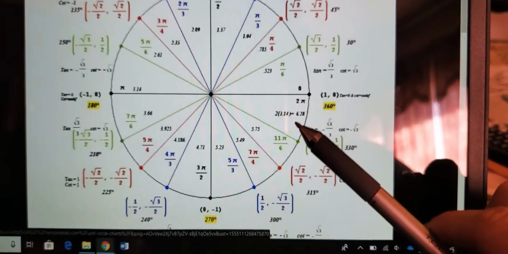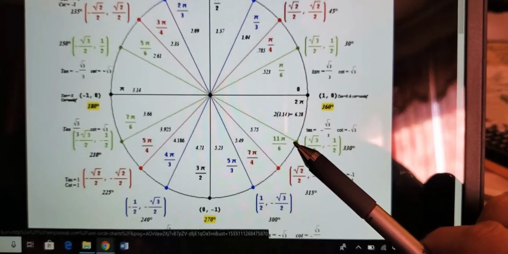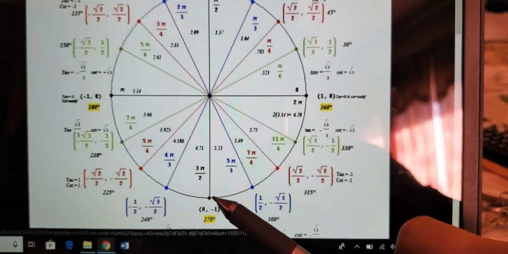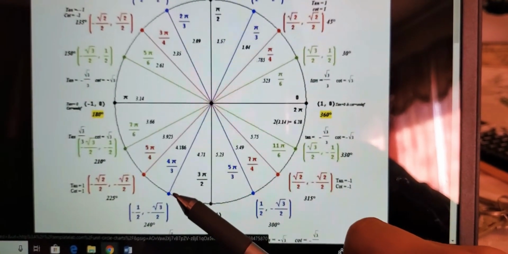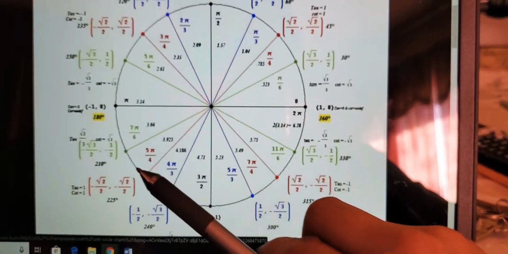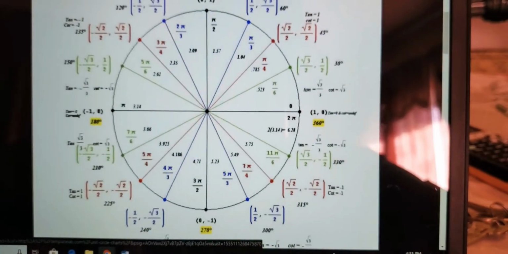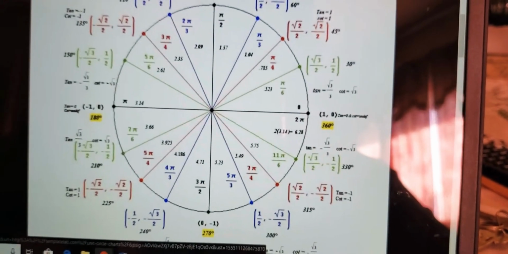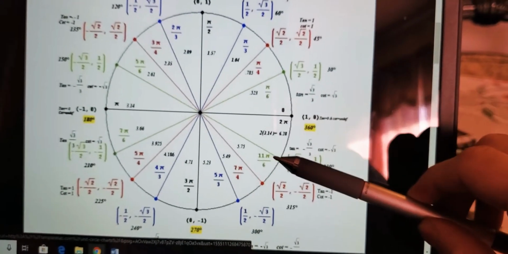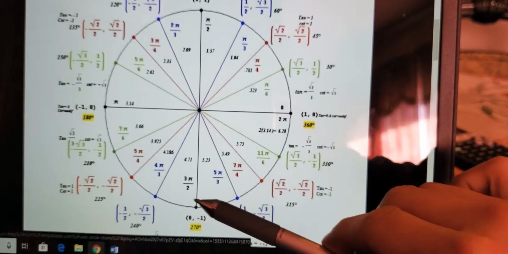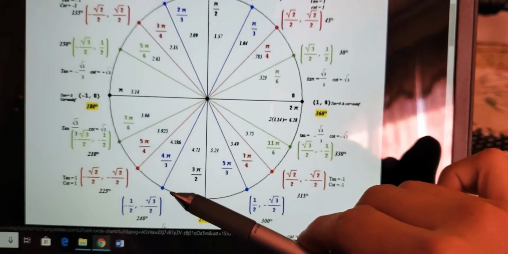So I'm going to go by 1 pi over 6, 2 pi over 6, 3 pi over 6, 4 pi over 6, 5 pi over 6, 6 pi over 6, and so on. I'm looking for 4 pi over 6. So 1 pi over 6, 2 pi over 6, 3 pi over 6, 4 pi over 6.